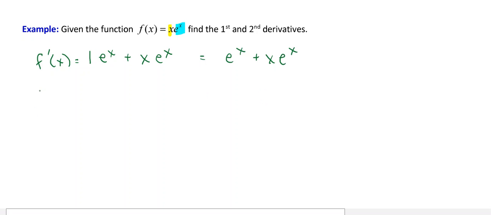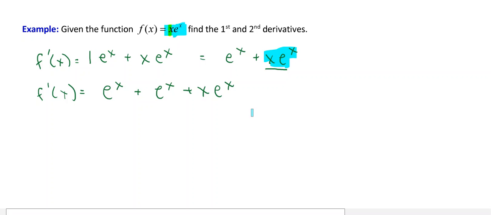And now the second derivative will be the derivative of that. And so the derivative of e to the x is e to the x. And then the derivative of this will be exactly what we just had, which would be e to the x plus x e to the x, because notice that this is exactly the same as what we started with.